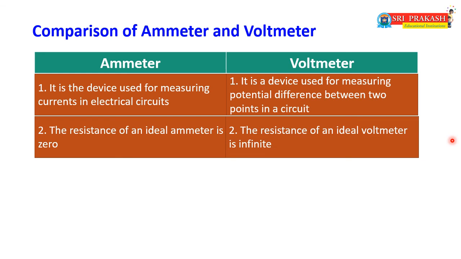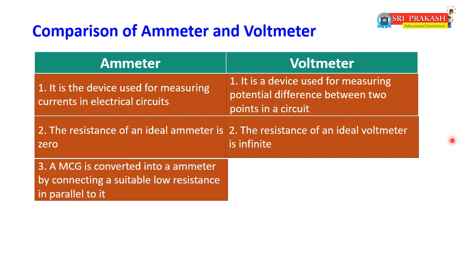Similarly, if you want to measure a perfect voltage, the current passing through the voltmeter should be 0. For that you have to connect infinite resistance. This is also practically not possible, but theoretically, for an ideal voltmeter, the resistance connected in series to the galvanometer is infinite.